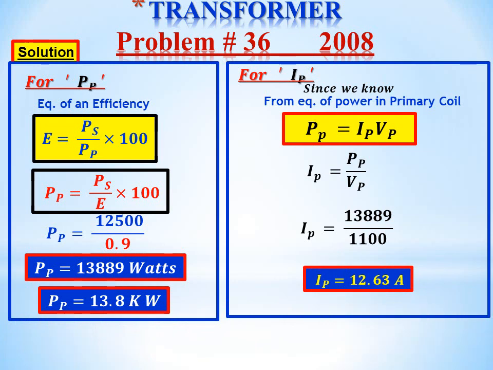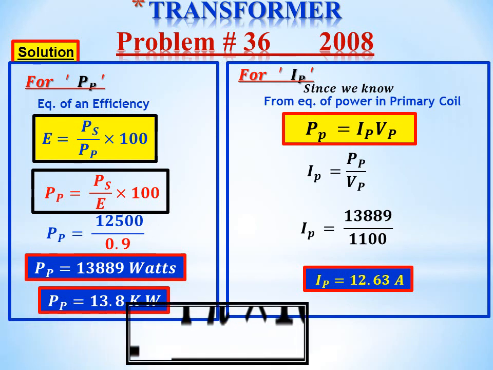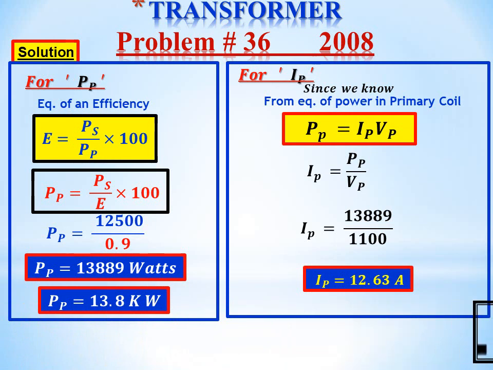Okay, now in the same sequence we will find current in the secondary coil.